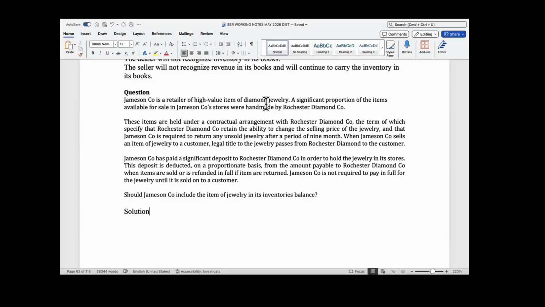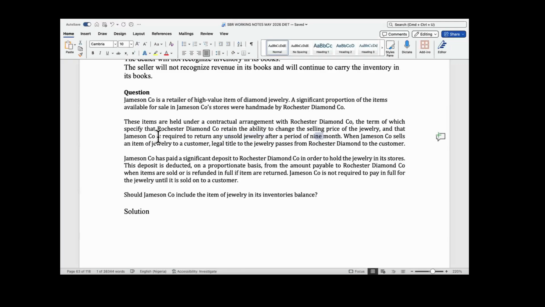Okay, of course, you are absolutely correct. From here, the seller is the one that has the ability to change the prices, and he can ask James Co. to return any goods that are not sold after a period of 9 months.